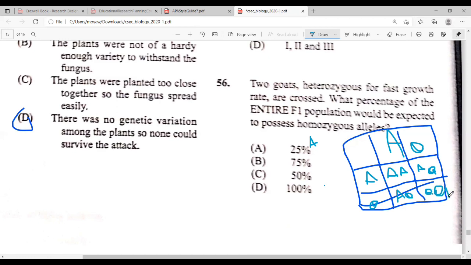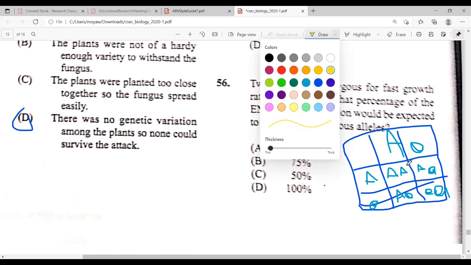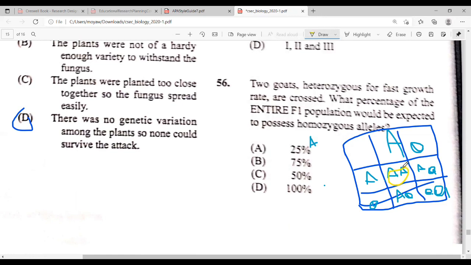So the question now, what percentage of the entire F1 population would be expected to possess homozygous allele? So to be homozygous, you have to have the 2 same letters. So it's either you're going to have capital A, or small a, right? And that means you're homozygous. So we have 2 homozygous allele here. So we have this one, capital A, and then this one here, small a.